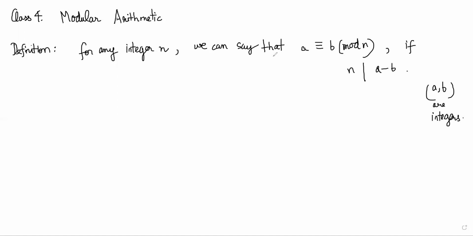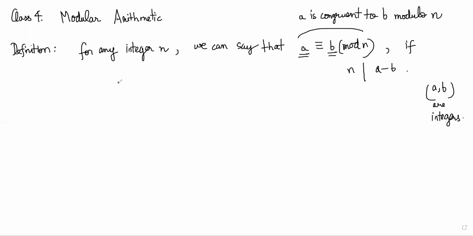Basically you can say that any two integers A and B are said to be congruent modulo n, if n divides A minus B.